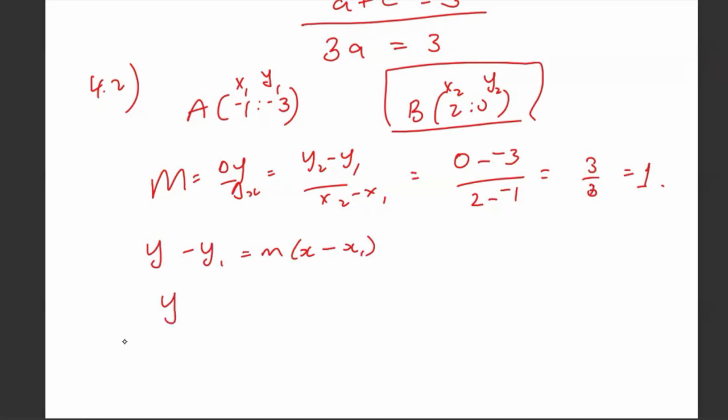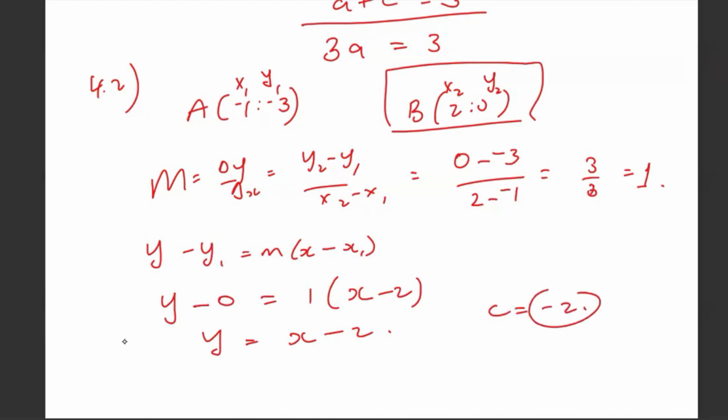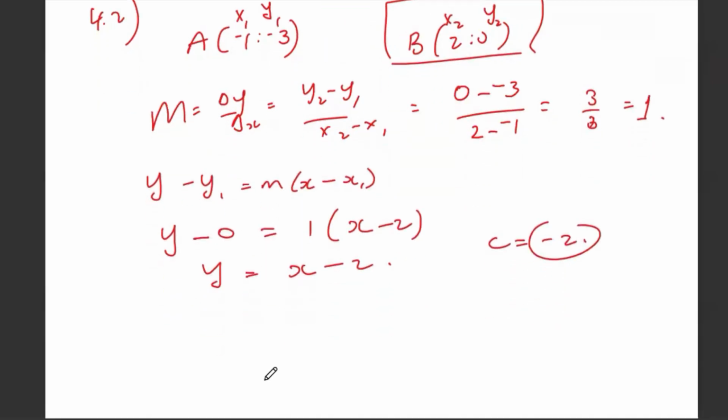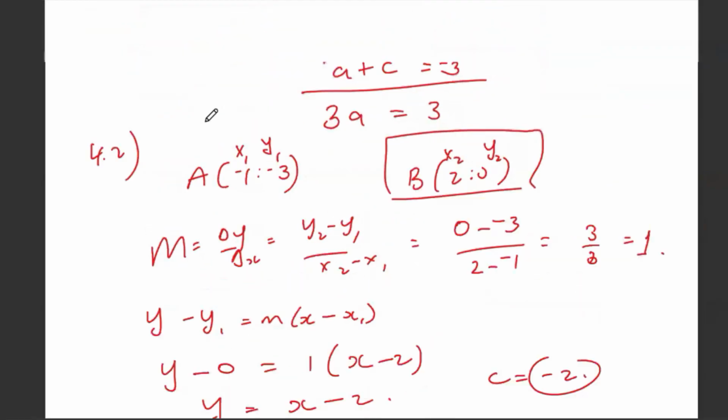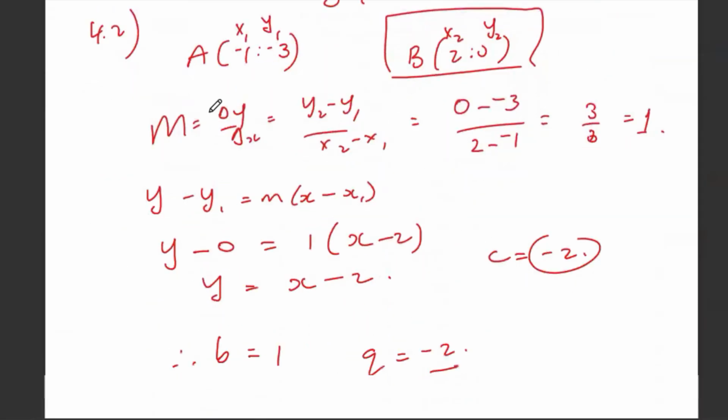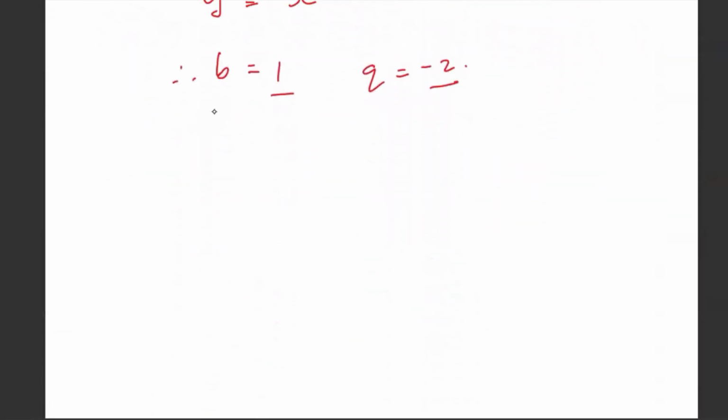Meaning that y minus 0 is equal to 1 into x minus 2. Meaning that the equation is y = x - 2, so q is going to be -2. So they wanted the values of b and q. Therefore, b is 1, q is -2. Okay, so that is that.